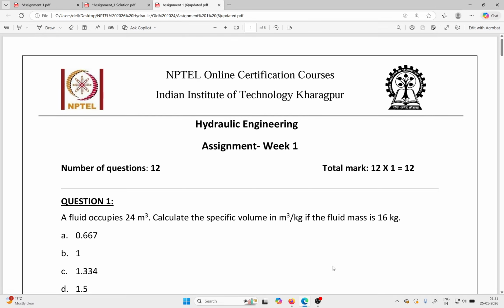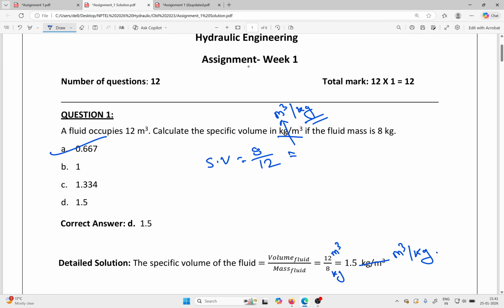Yes, in the previous year the question was the same but with different data: calculate the specific volume. There, meter cube per kg is given. Similarly here also it should be meter cube per kg.